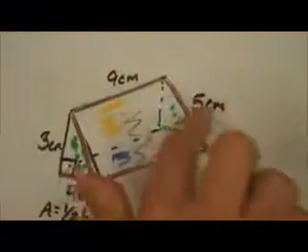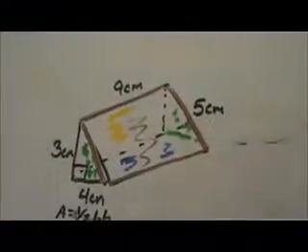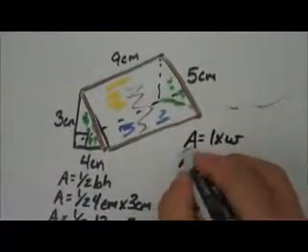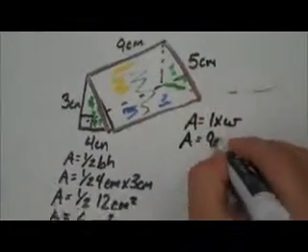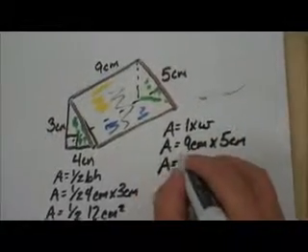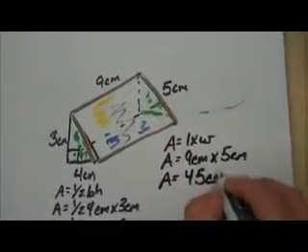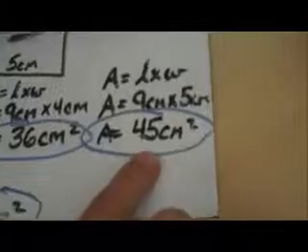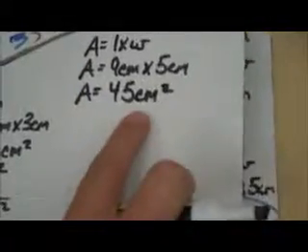I see my length and my width, so I would have an area, length times width. Area is 9 centimeters times my 5 centimeters. My area should be 45 centimeters squared. Let's check to make sure my brown was still 45 centimeters squared.